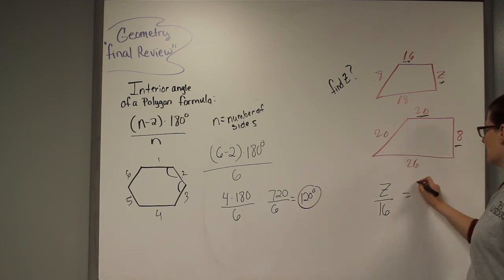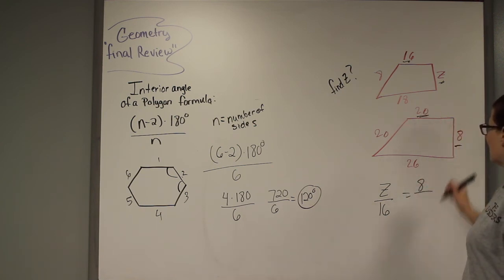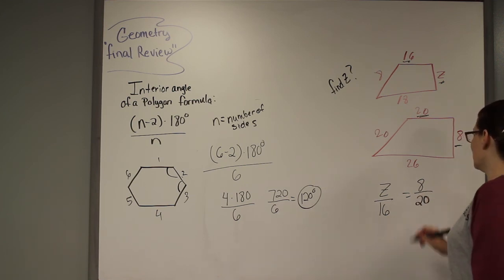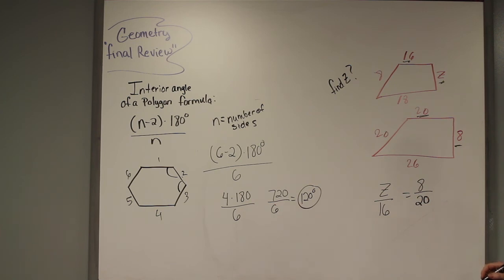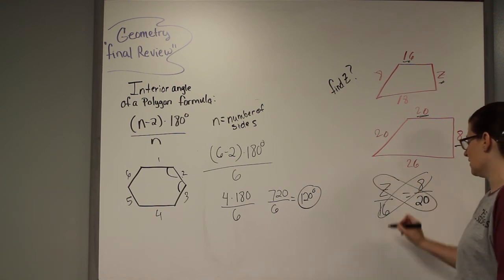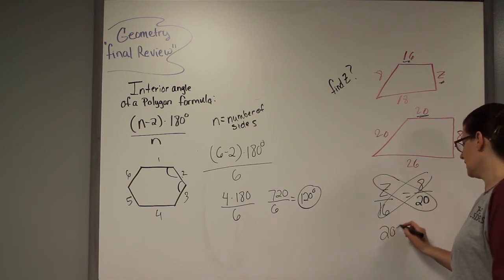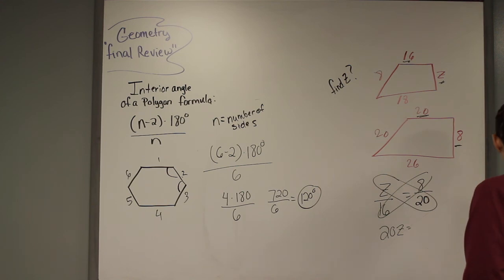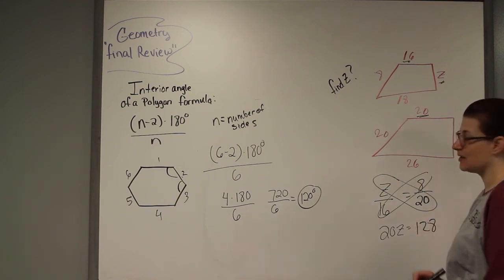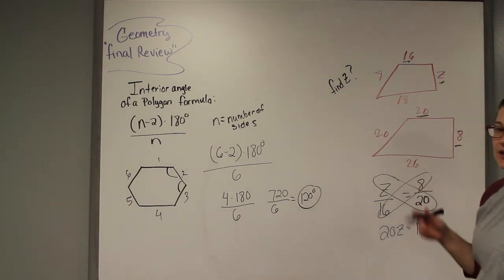If Z went on top, the 8 goes on top. On the bottom of this one, the 20 goes on the bottom. And now I'm going to cross multiply. So I'm going to get 20Z equals whatever 8 times 16 is. That's 128, and of course mine's not going to work out, but you will get a whole number on the one you did. I just made this up.